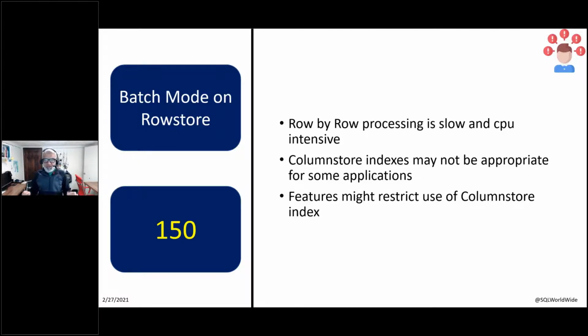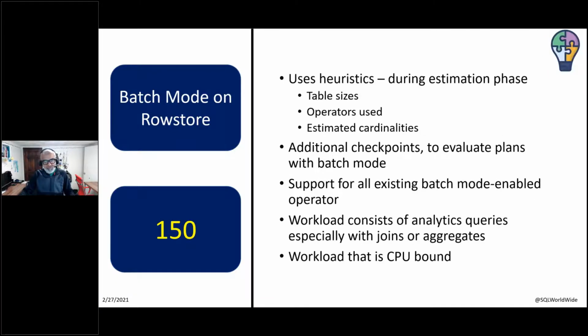And the advantage of batch mode is that instead of row by row, there is a wide range of numbers, but approximately up to 900 rows can be processed at one time. So it's pretty fast, but mostly for bigger data sets. So now, even though you're not using a columnstore index, and you're using a traditional rowstore index like the B-tree index, you can still take advantage of batch mode.